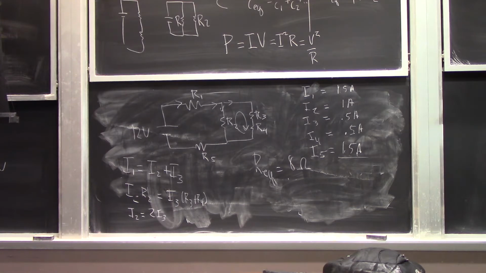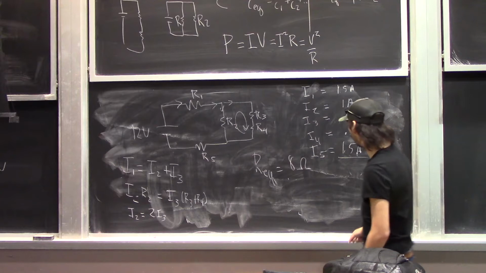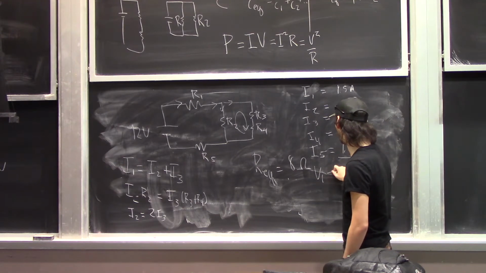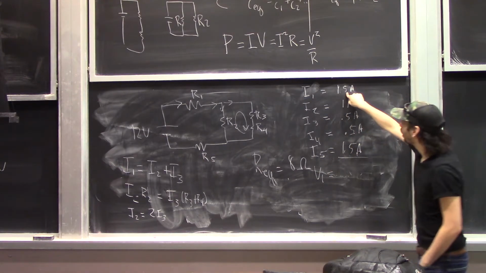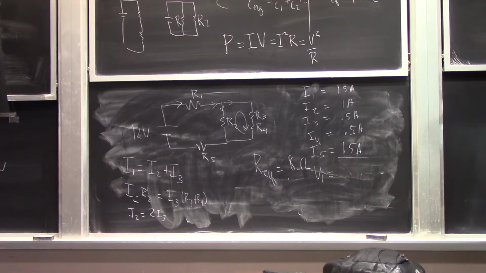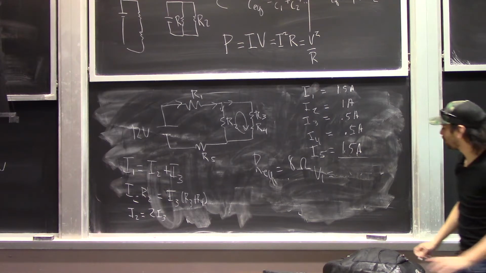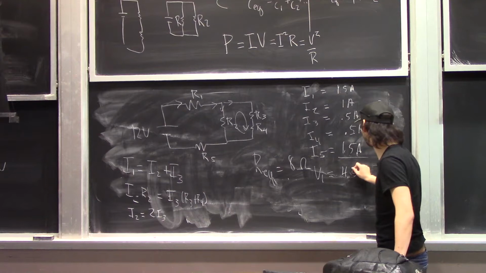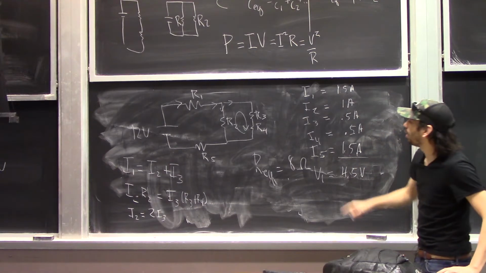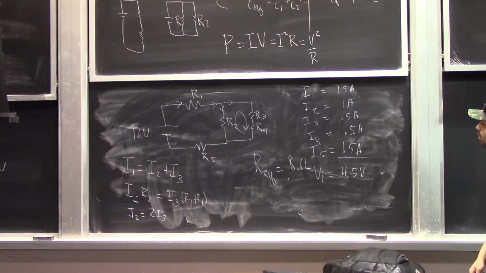So the next thing that we can do is calculate what the voltages are across this. V1 is just going to be equal to the current I1 times the resistance R1. This is going to give me a voltage of 4.5 volts. We can do the same thing for R2, and so R2 is going to be 1 times 3.